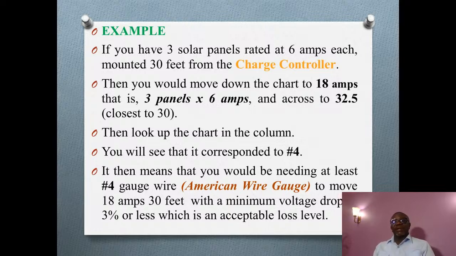when we are making use of a 12-volt system. If we are making use of a 24-volt system, then we have to use a bigger gauge, so that from 4 we multiply and use something like number 8 gauge.